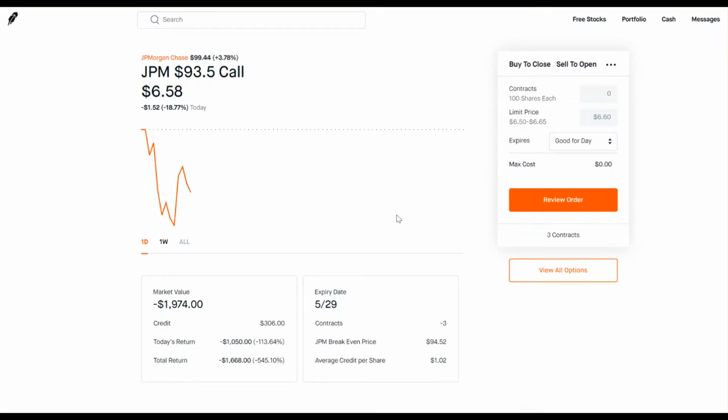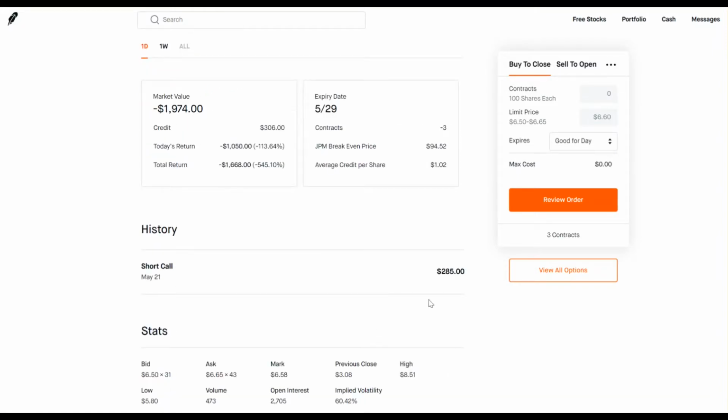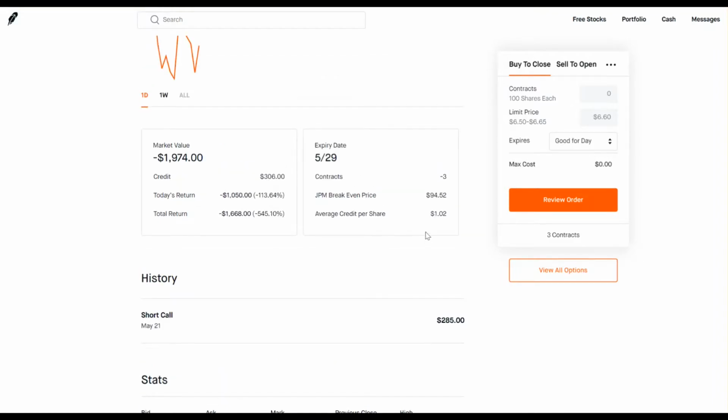So let's click the option, and if you look here, I sold it at $2.85. I mean, in total, I got 285. Actually, the credit I got was $1.02. And these numbers look slightly different for the three contracts because this was a two option strategy where I had bought back the previous week's call and sold a new one.